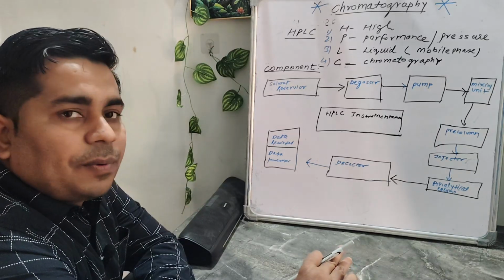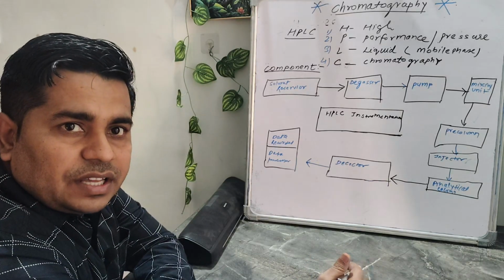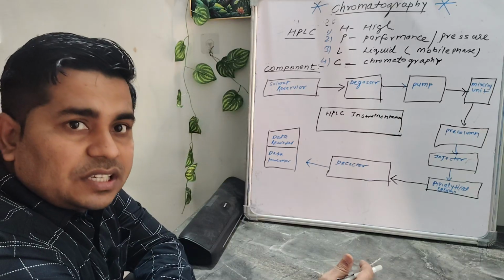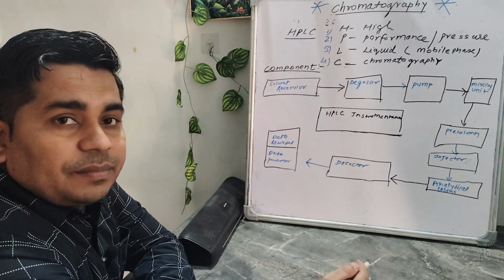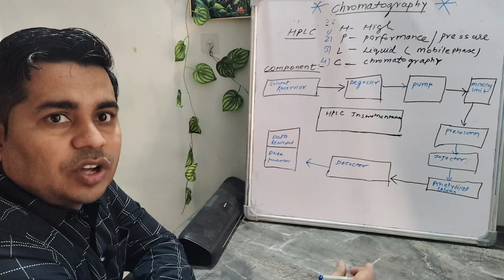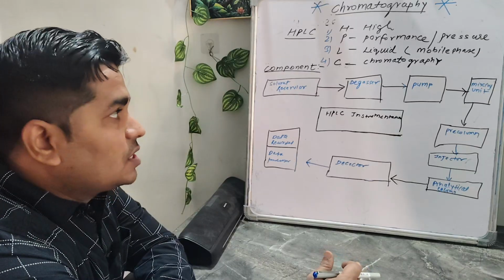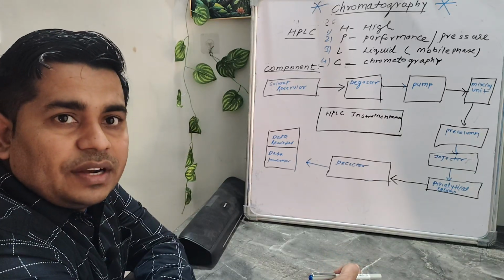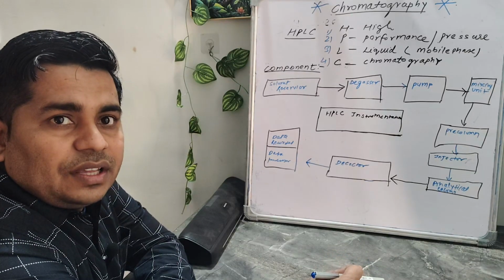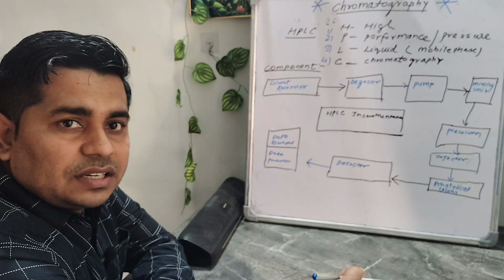Okay. Now the performance in terms of good prediction of result, sensitivity, accuracy, and precision. And pressure means it is governed by the pressure, by pumping our solvent of different grade and mixing into the chromatographic system. And L stands for liquid. Liquid chromatography is based on the principle of partition.